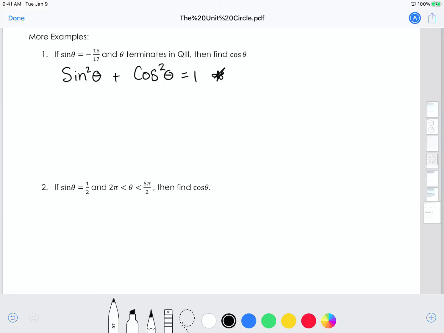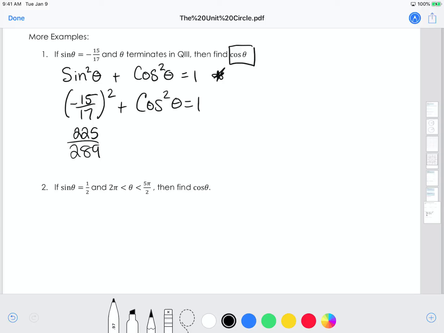So we're going to use the fact that we're given sine theta, and we're going to take negative 15 over 17 and square it, plus cosine squared theta is equal to 1. And the question is asking us to find cosine theta. So I just need to solve this equation for cosine theta. I'm going to square negative 15 over 17, and that's going to give me 225 over 289.